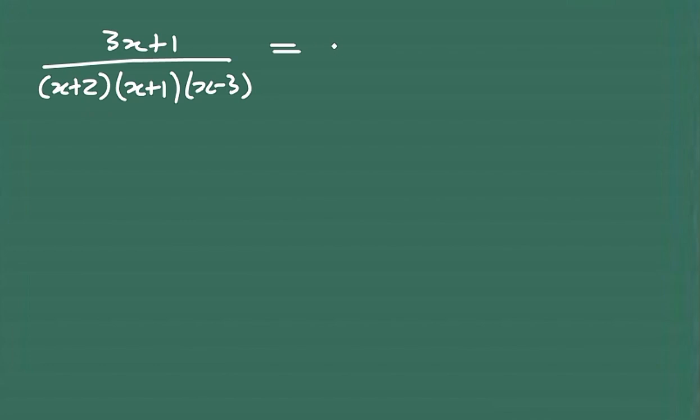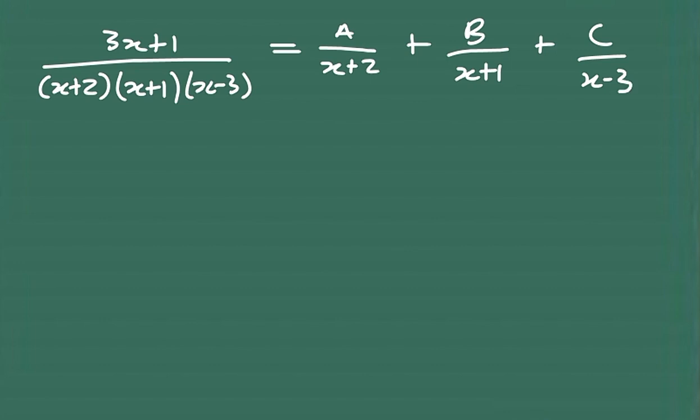So splitting it up, we have A all over the first factor, which is x plus 2, plus B all over x plus 1, plus C all over x minus 3. A, B, C are constants to be determined.